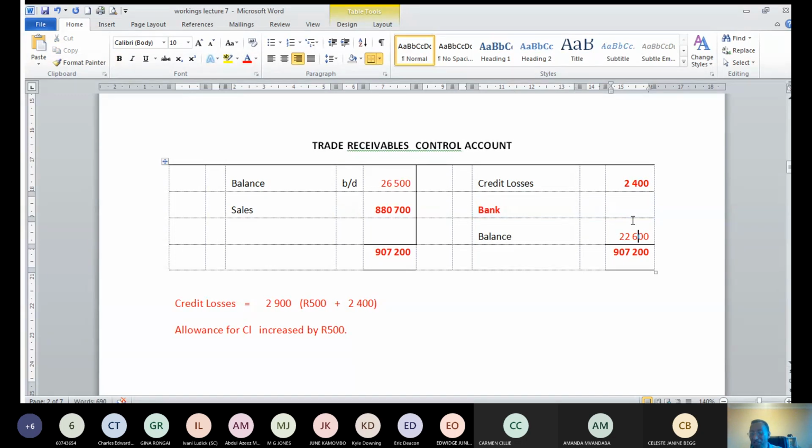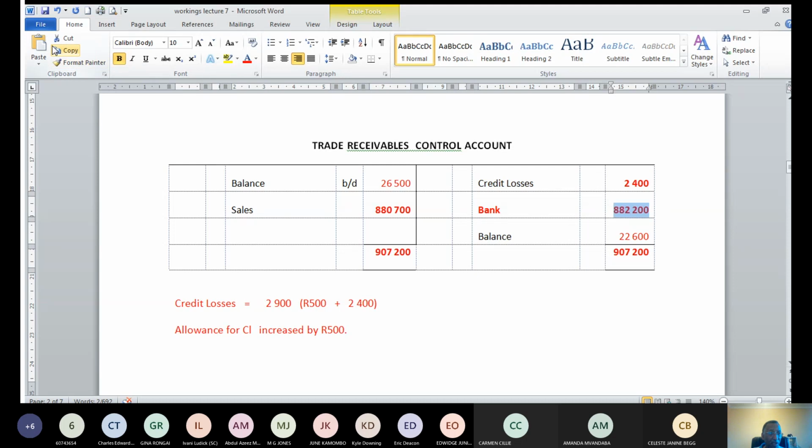So you take the 907,200 minus 22,600 and minus 2,400, and that will give you cash that we have received from our trade receivables, 882,200 Rand. That is that balancing figure now.